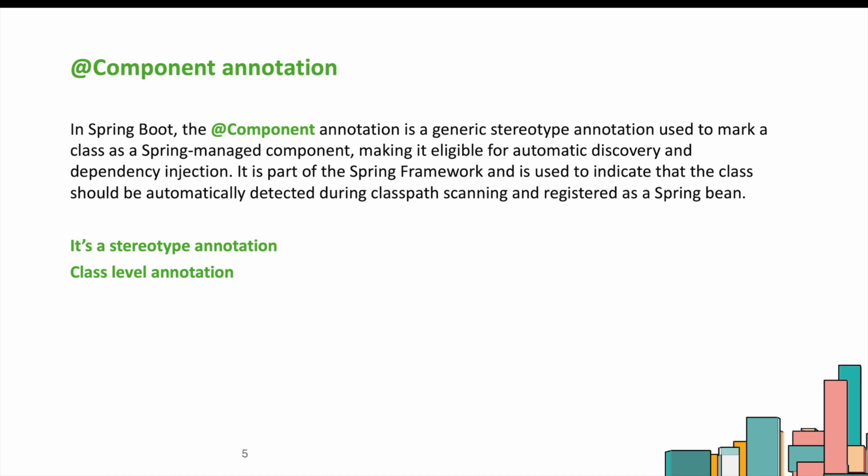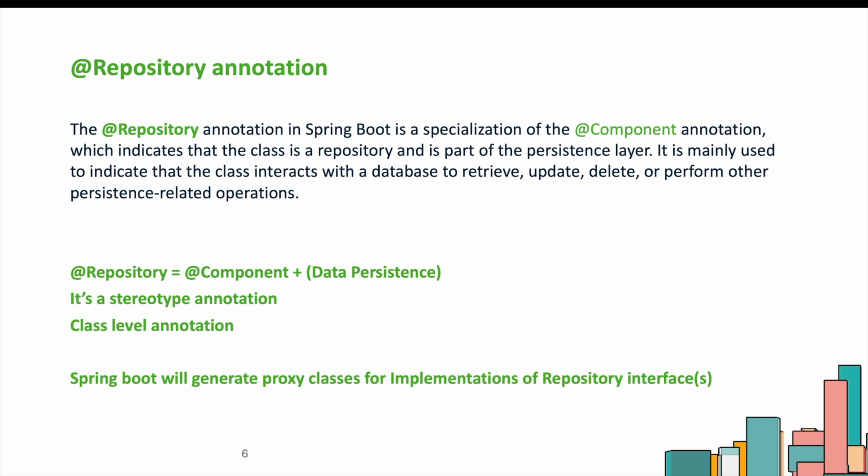And one more thing, when you extend the JPA repository, Spring is going to create proxy implementations of the JPA repository and make those implementations available in the project. As I said, the repository annotation is nothing but an extension of the component annotation, plus it deals with the database. We use it in the persistence layer.